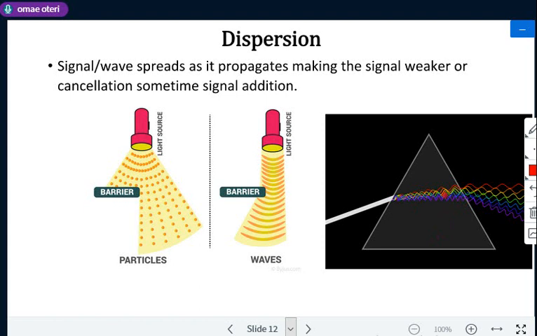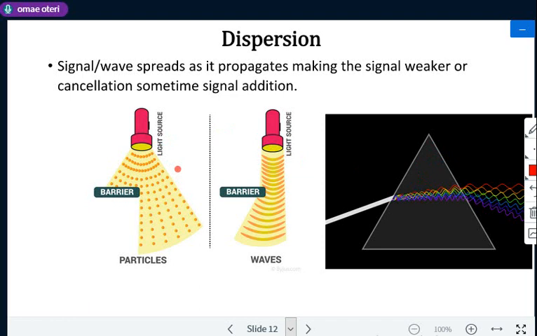In this case, we are talking about light, and you can see it has different colors which are diffracted and dispersed from a prism. You have done this experiment before, but this also happens to microwaves. If you put a material here which has properties just like the prism, it can also separate those frequencies of microwaves and radio waves.